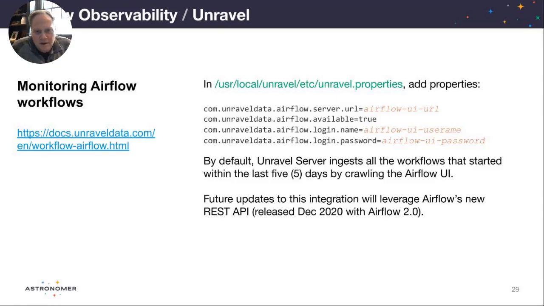Future updates to this integration will leverage Airflow's new REST API, which was released in December 2020 with Airflow 2.0. Airflow now has a pretty robust and well-defined API that not only is available for consumption from other backend services, but the new Airflow UI will also consume it directly, and the Airflow CLI.